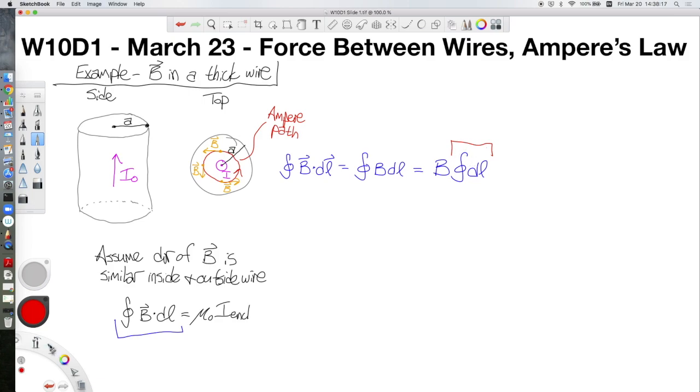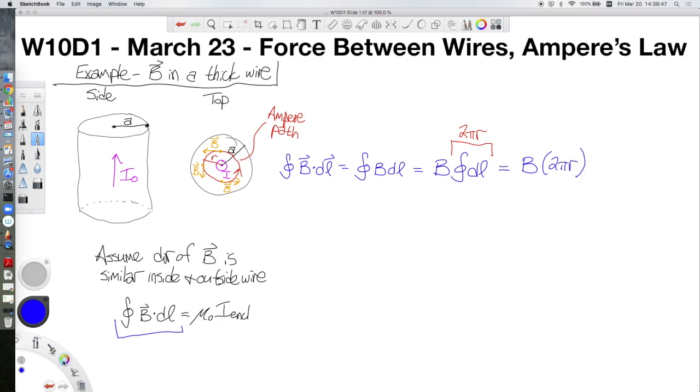So all the little chunks of length of this Ampere path put together will just be equal to the circumference of this Ampere path. If we say it has a radius of little r, then 2 pi r is the integral of dl. So the integral of B dot dl simplifies to B times 2 pi r.